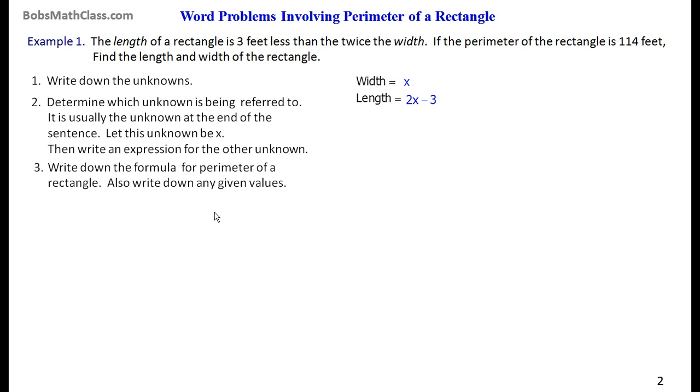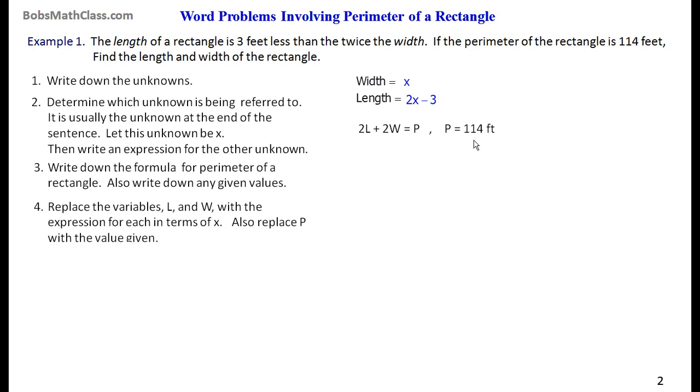Number 3. Write down the formula for perimeter of a rectangle and also write down any given values. There's our formula for perimeter, and there's the value of P, 114 feet. Replace the variables L and W with the expression for each in terms of x.